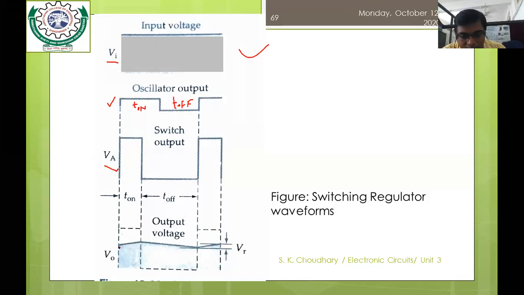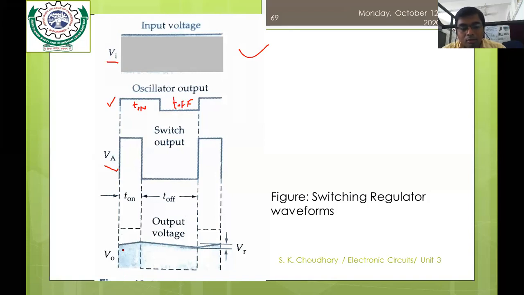And you can see in the output voltage, during the on time of the switch output, it would be a little bit increasing in nature, and when it goes to the off time, T off time, it would be decreasing. This is performed with the help of the inductor and capacitor.